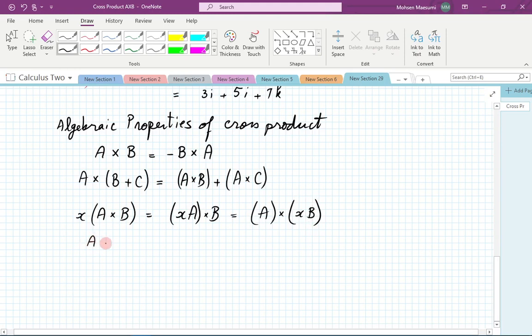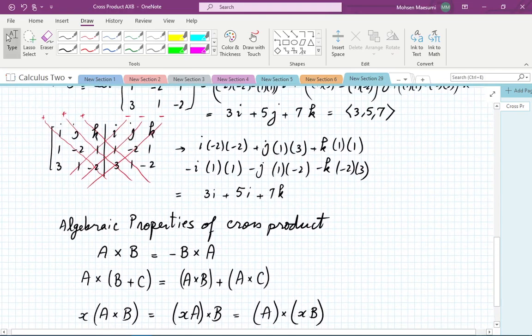One other thing, if you want to do a cross with the 0 vector, all you get is just the 0 vector, as you suspect. An interesting property is that if you take a vector and cross it with itself, I invite you to try to figure that out. Before I write it, you want to pause this.